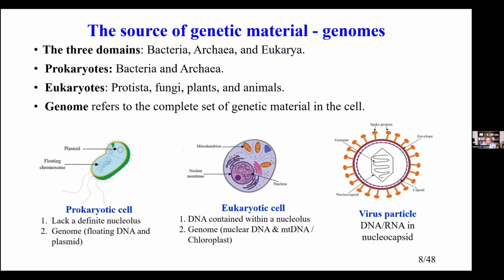There are some genes there, and maybe we'll discuss this. In the case of eukaryotes, the genome consists of the nuclear genome and the mitochondrial genome. This is in the case of animals. But in the case of plants, instead of mitochondria, we'll find chloroplast. So this information must be known by the bioinformatician, because when studying a genome or dealing with sequences, they should know the nature of this DNA.